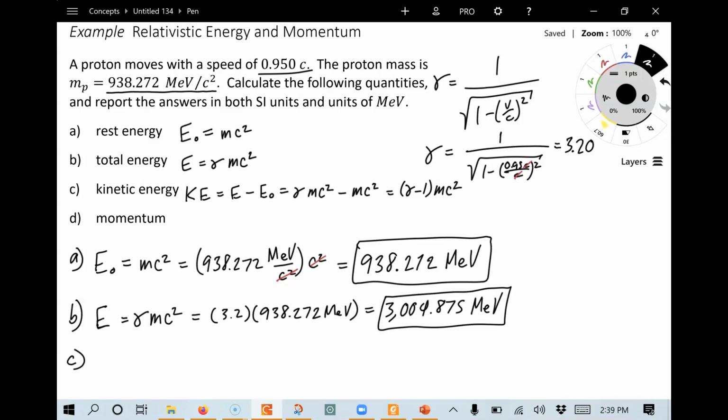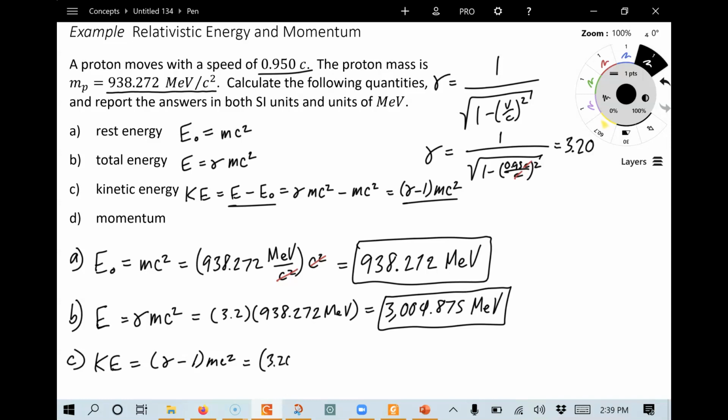So to do the kinetic energy, it's just going to be the difference between the total energy and the rest energy. We could just subtract these two numbers, in other words. But I'll go ahead and do it this other way. I'll use this equation here. It's going to be gamma minus 1 times mc squared. In this case, we know what gamma is.